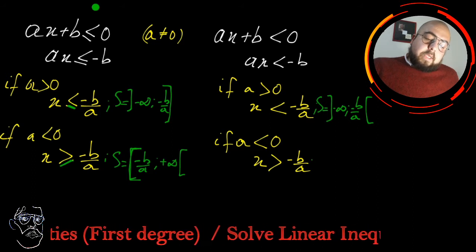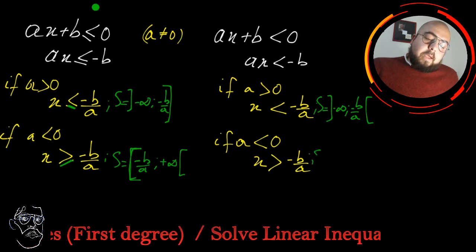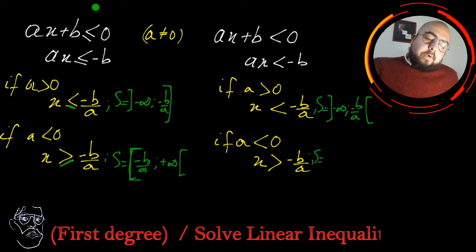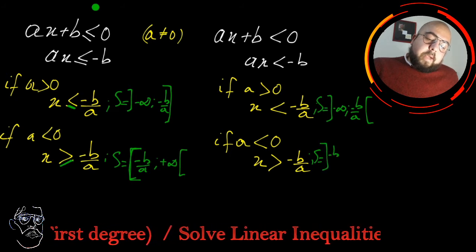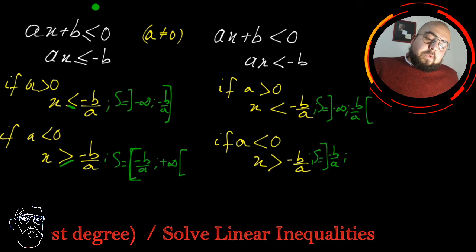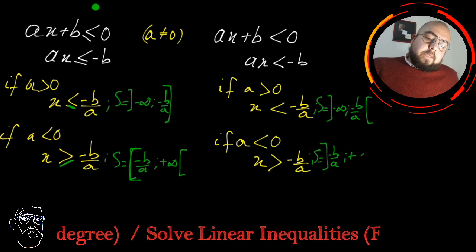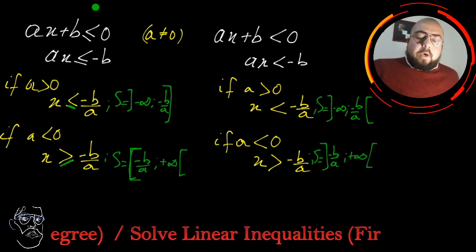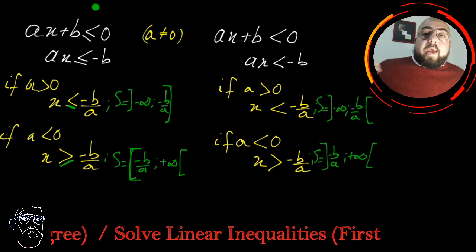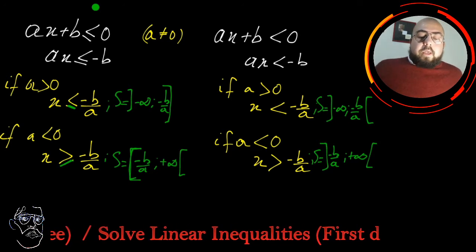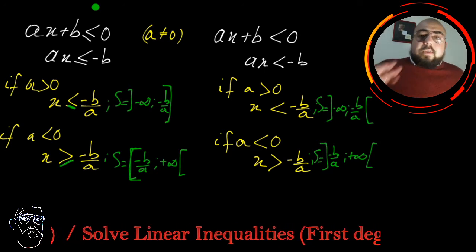As for the second part, you will have S is equal to from minus b over a, the bracket should be open, until plus infinity, and this is how you write the case where x is strictly greater than minus b over a. This is the general form.